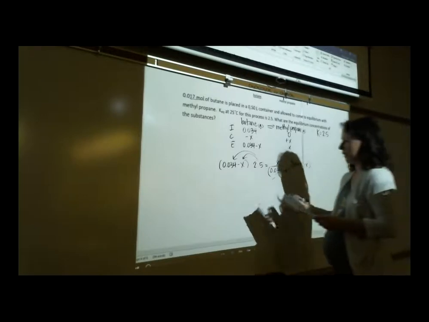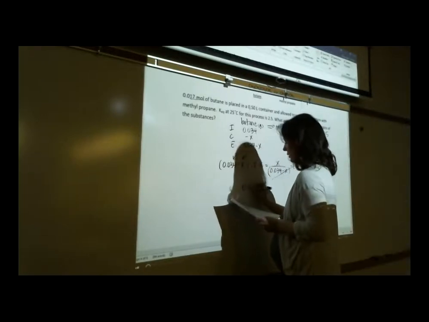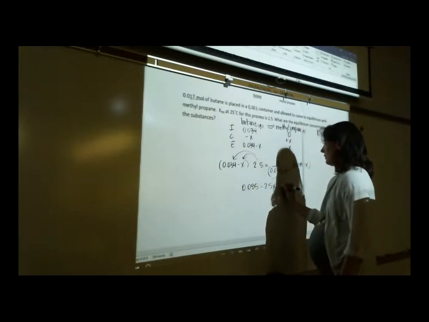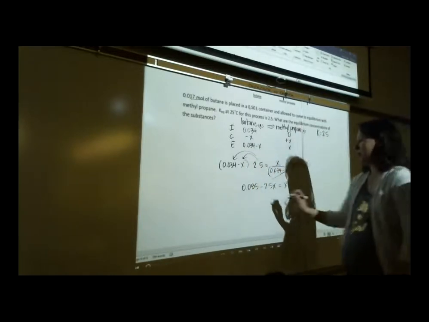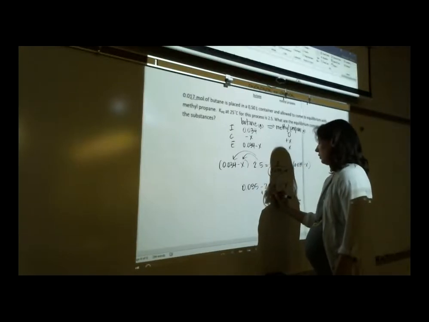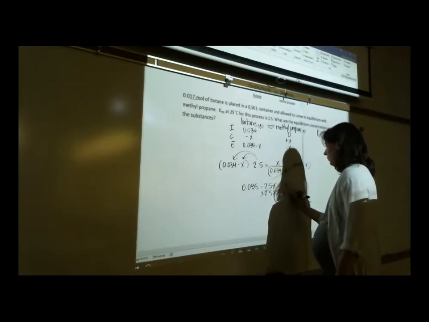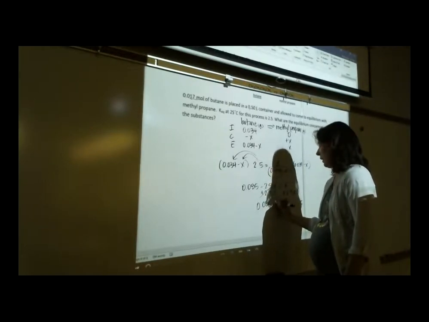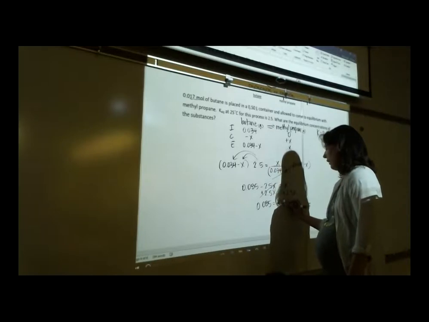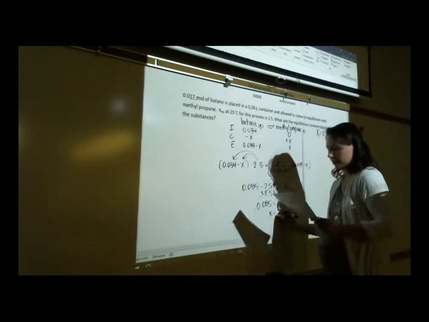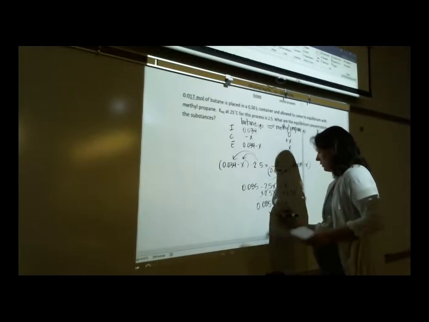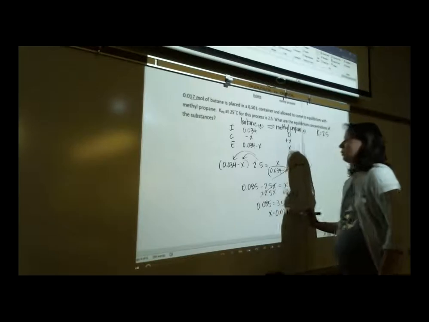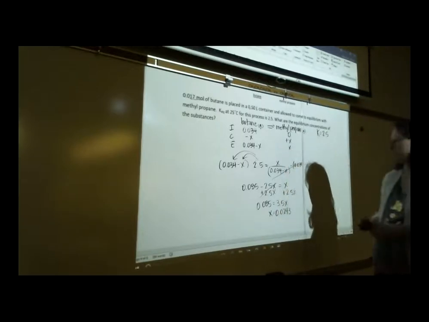So I got 0.085 minus 2.5X is equal to X. So when I combine like terms, I get 0.085 is equal to 3.5X. And X I got to be 0.0243, which I will round to the correct number of sig figs in just a second.